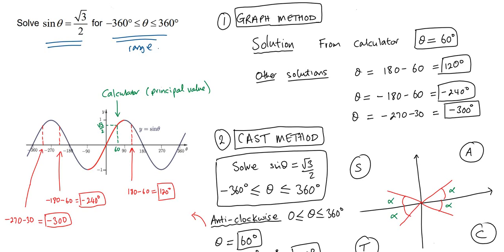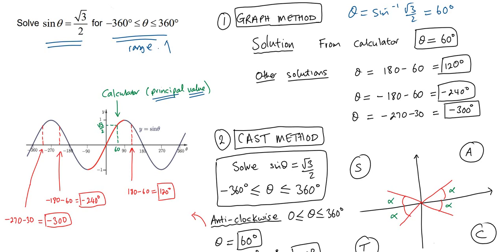What you would do is type in your calculator theta equals sine to the minus 1 of root 3 over 2, and you're going to get 60 degrees. This is called the principal value. It's the value your calculator is going to give you. But you should know that there's an infinite amount of values for sine theta equals root 3 over 2.